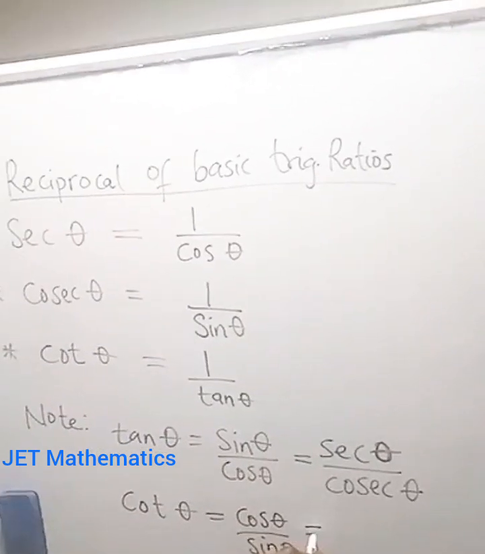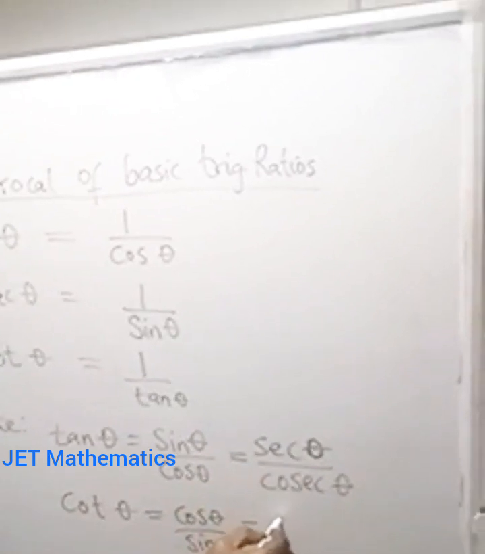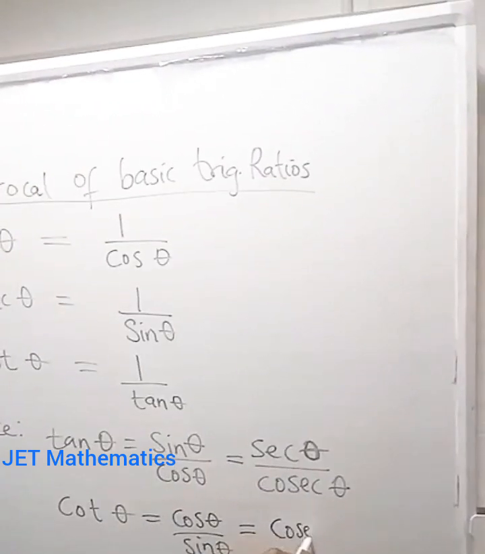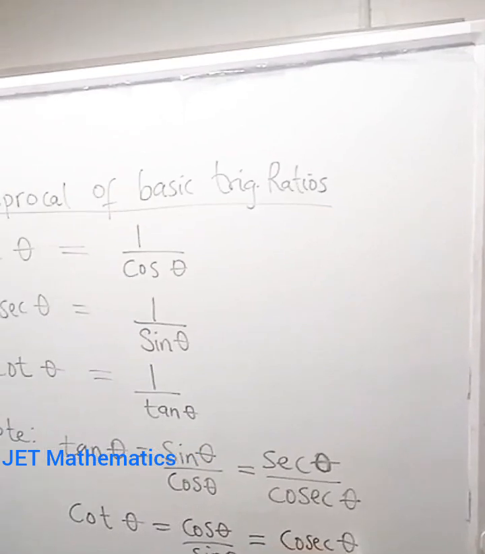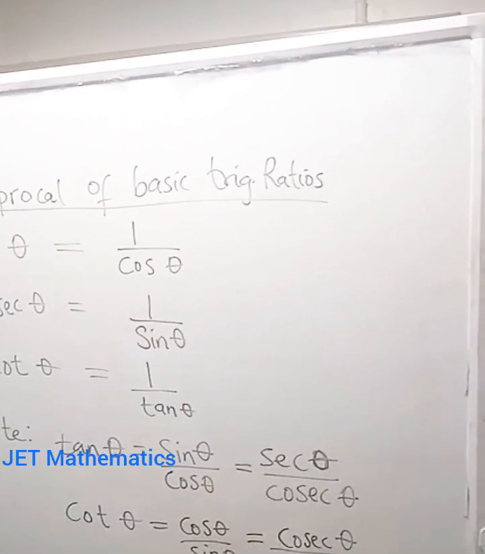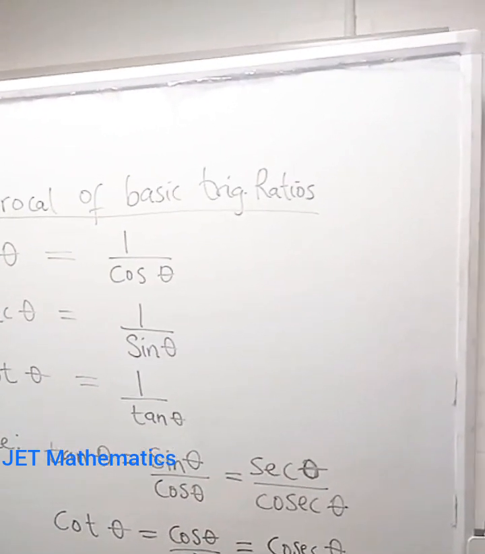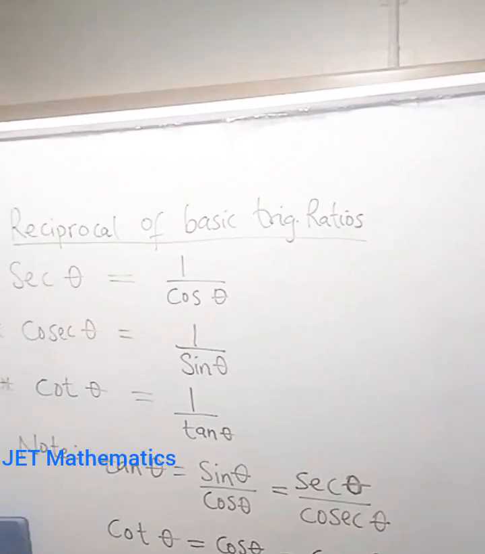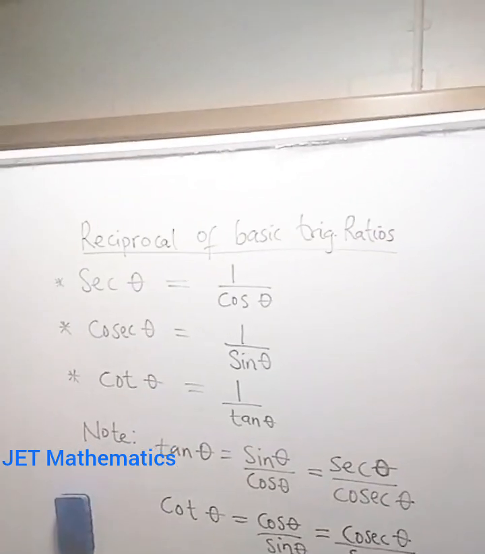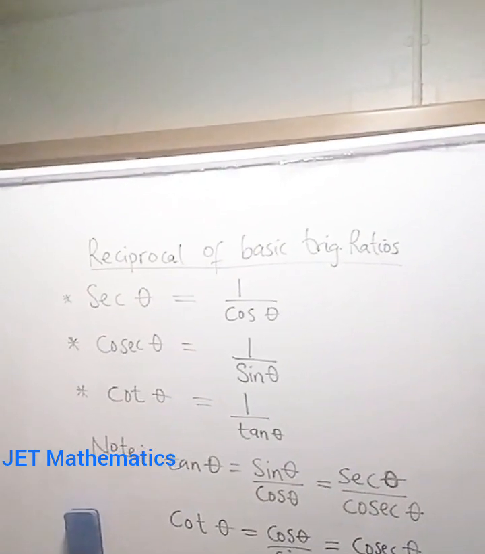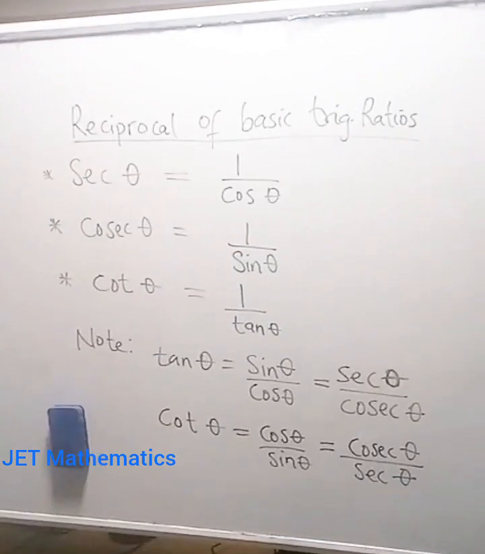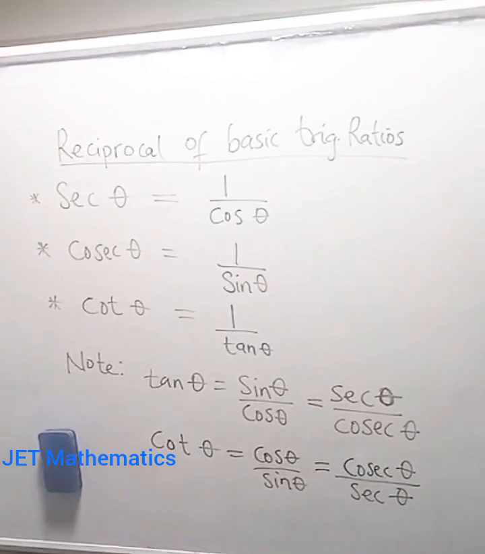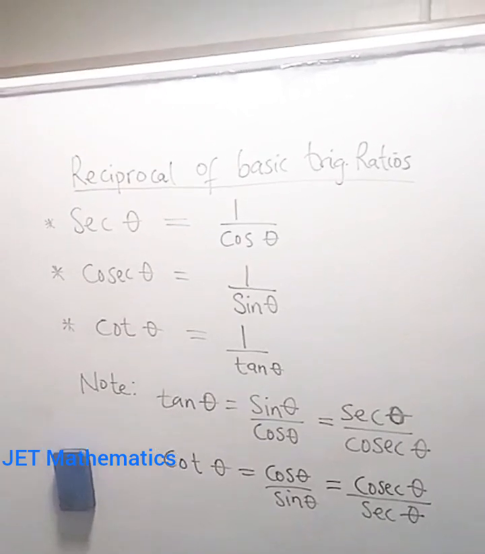It can also be equal to the inverse of this, which is cosec theta over sec theta. Alright, so let's try one basic example before we close the class today.